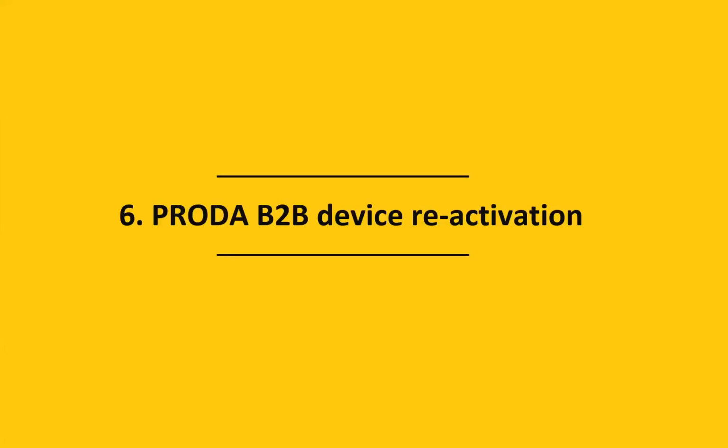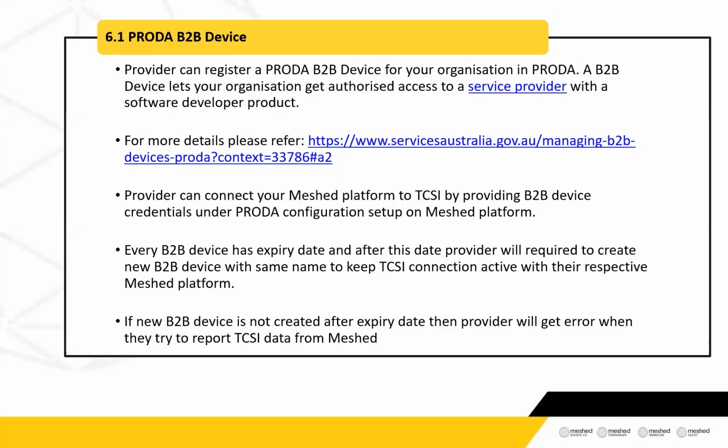Now our last topic is about PRODA B2B device reactivation. This B2B device is being used for the authentication of your organization. Whenever you create this PRODA B2B device from your PRODA account, it always has one expiry date, and you're required to recreate this device again once you reach that expiry date.